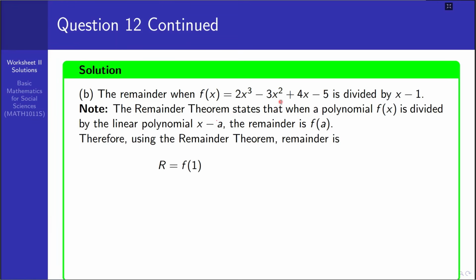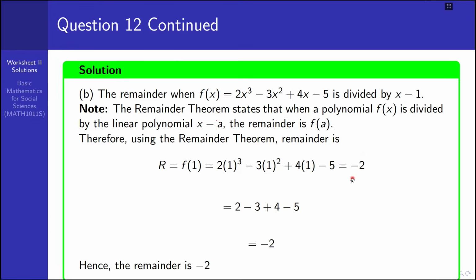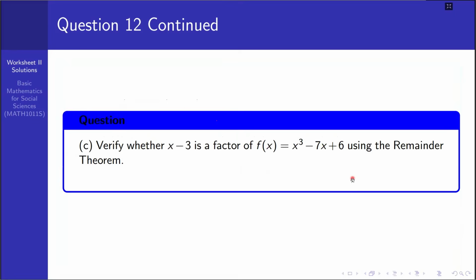So r is equal to f of 1. f of 1 means, directly, if you substitute 1 in the terms of f of x here, we have 2 times 1 cubed minus 3 times 1 squared plus 4 times 1 minus 5, which is equal to negative 2, so that the remainder when this polynomial function is divided by x minus 1 would be this one, that is minus 2. Therefore, the remainder is minus 2.